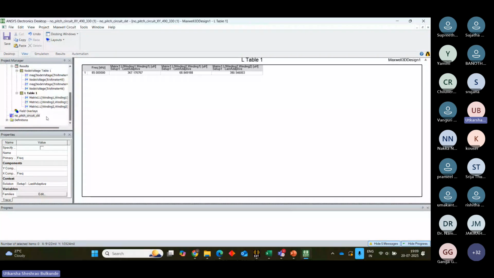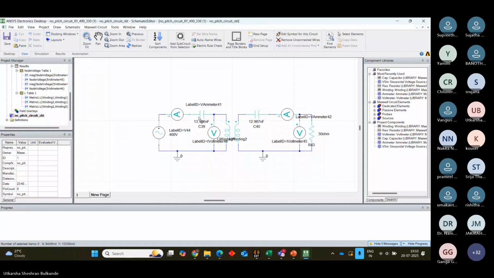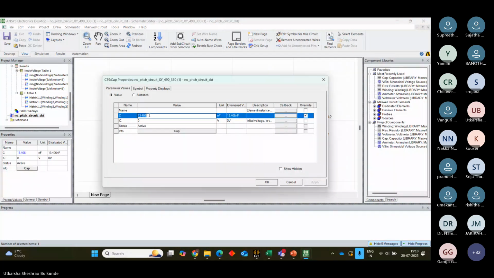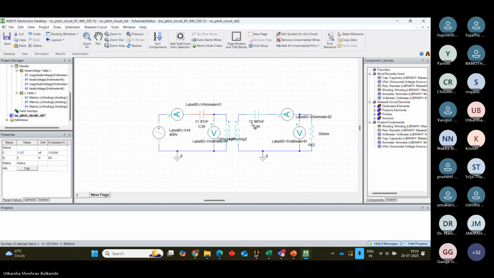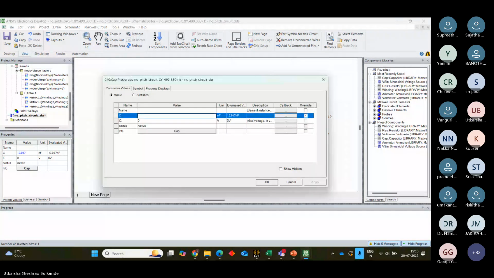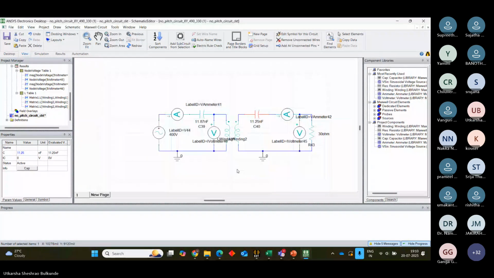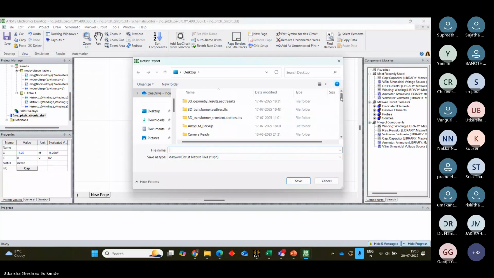Okay. Change the value of the capacitor. 11.87 nanofarad. Okay, 11.45. Maxwell circuit, export netlist.